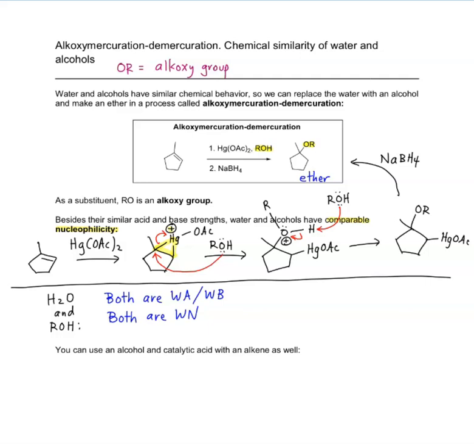So what does it mean when something is a weak nucleophile? Nucleophilicity is a measure of how fast something reacts as a nucleophile. Something that's a weak nucleophile compared to a stronger nucleophile is going to react more slowly.